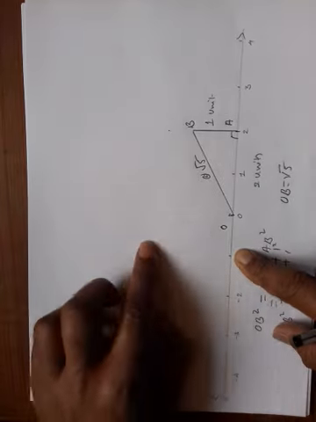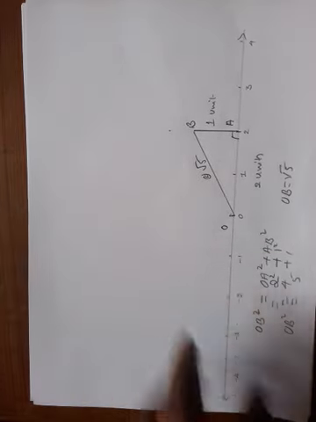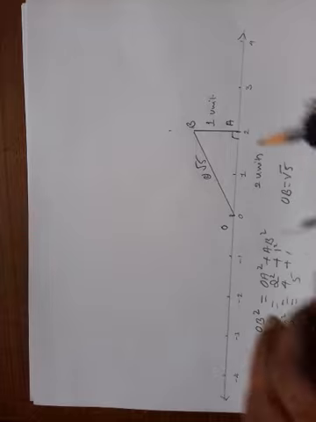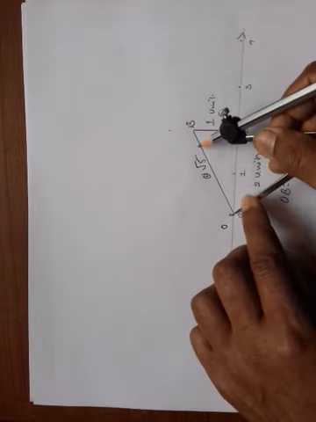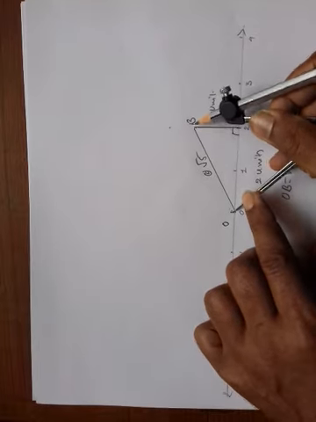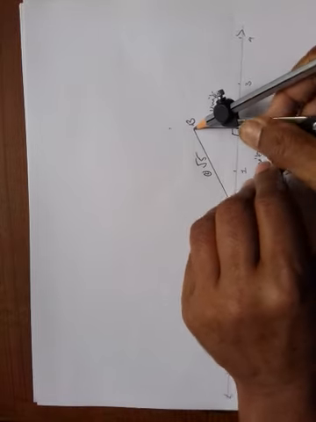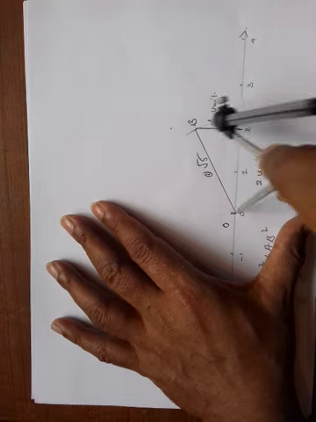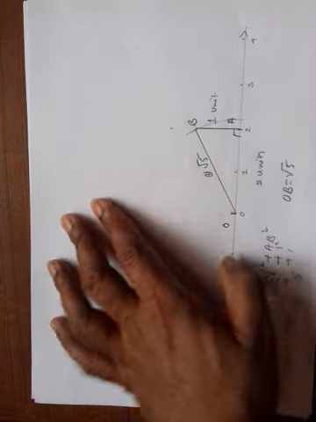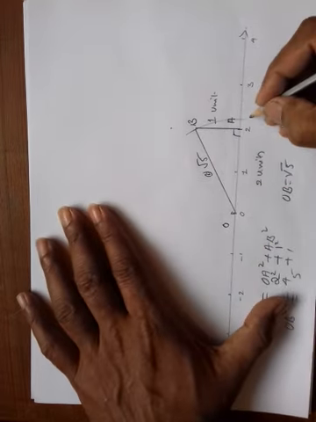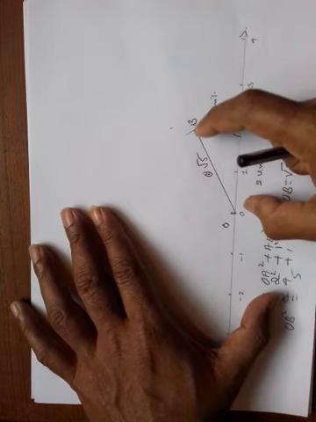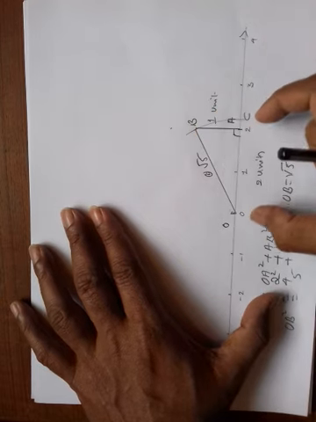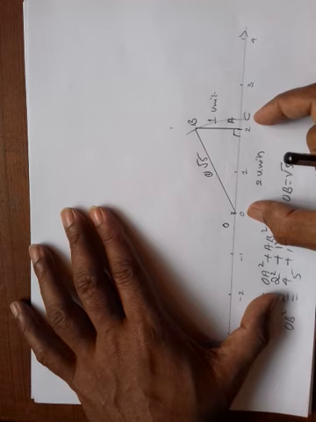And the same length is located on the number line using the same radius. You have to draw an arc, and let the arc cut the number line at C. The length OB is marked on the number line, that is OC.